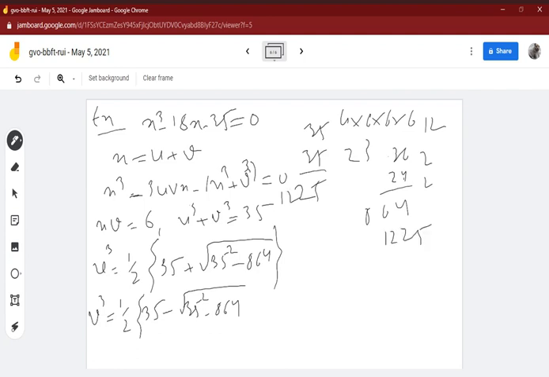So if you subtract 864 from 1225, it is 361. Can you find the square root of 361?